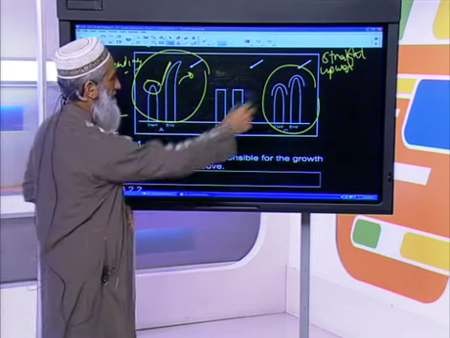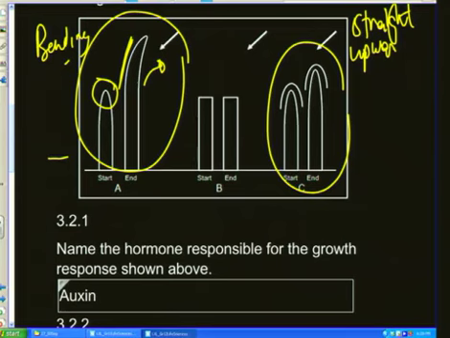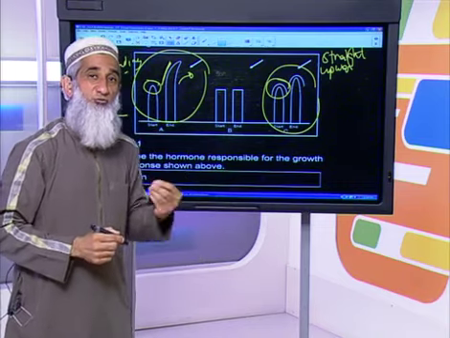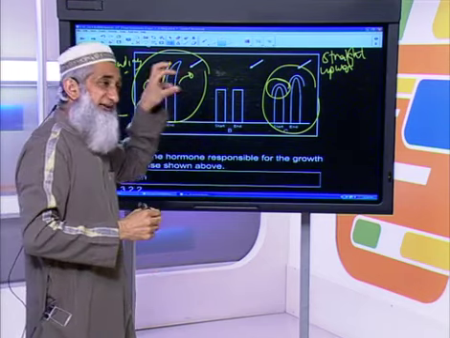All right, when we went to C, what happened? You said it grows straight upwards. Why? Because it does not receive light at all sides. What doesn't receive light? The whole plant? No, the tip. The tip is not receiving light, therefore the auxins will not move because the auxins are at the tip.